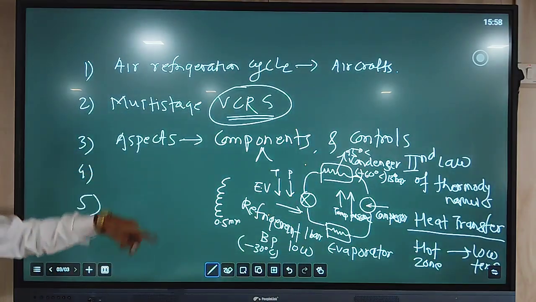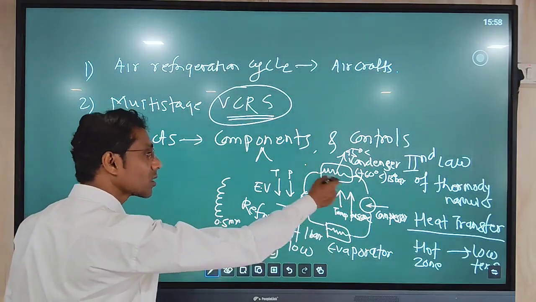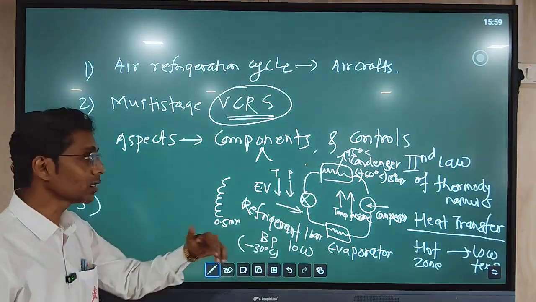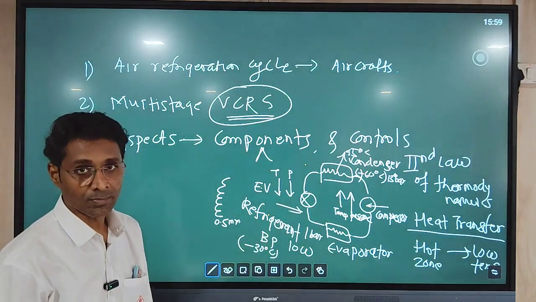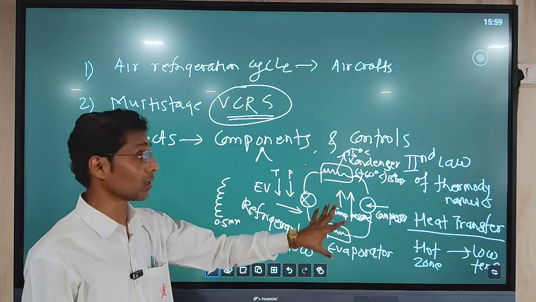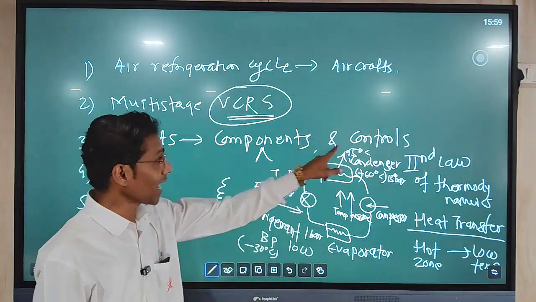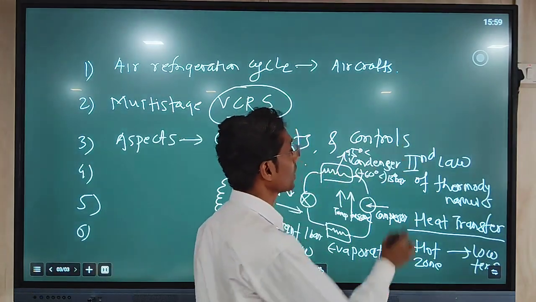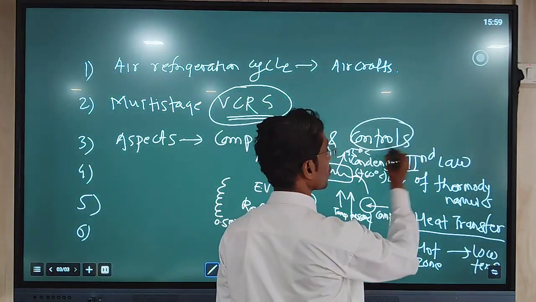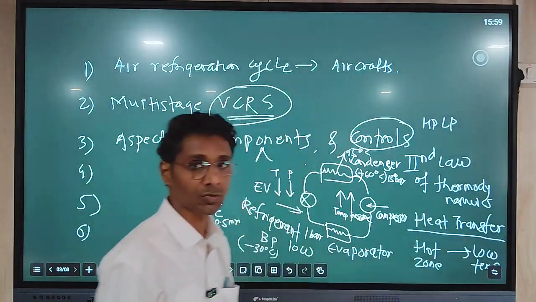Besides these four components, there are other components which are required to increase the performance of the system. Again, there are some components which are required to control the working of these components. So all of these components come under the controls. HPLP cutout means high pressure, low pressure cutout.